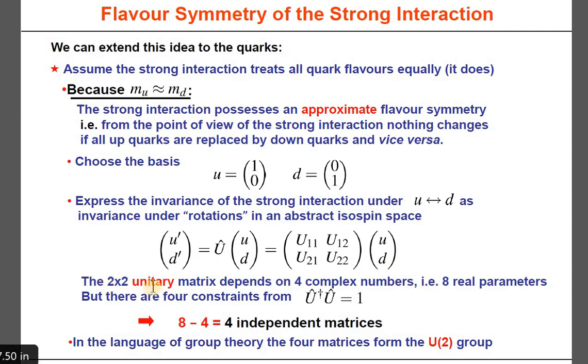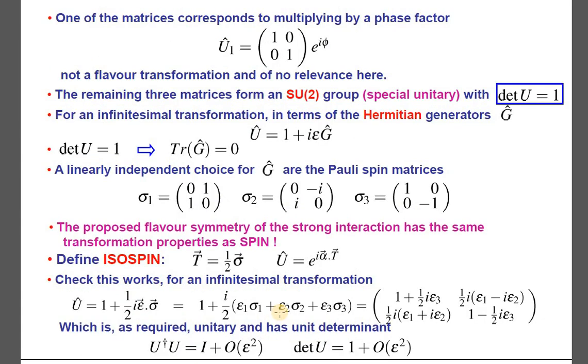Here, this 2 by 2 unitary matrix depends on 4 complex numbers, which means 8 real parameters. But there are also 4 constraints from this unitary condition, and as a result we have 4 independent matrices. Thus, in the language of group theory, the 4 matrices form the U(2) group.